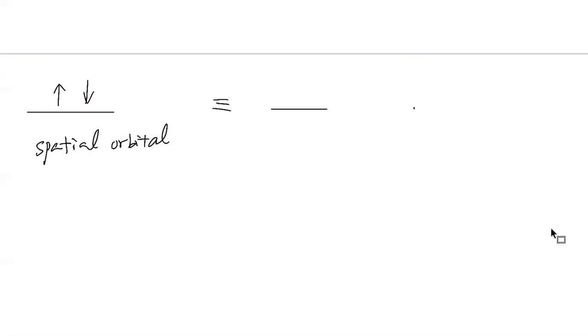Now, suppose we have a spatial orbital, and we have 2 electrons on this spatial orbital. This is equivalent to saying we have 2 occupied spin orbitals. So we can draw a spin orbital. This is the alpha spin orbital, and we have a beta spin orbital.